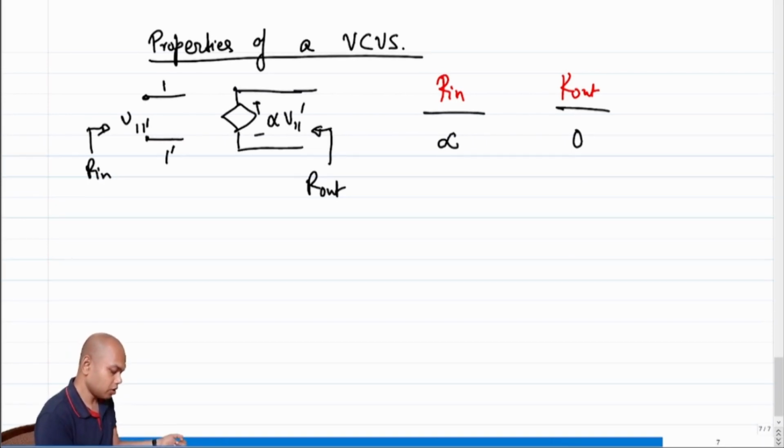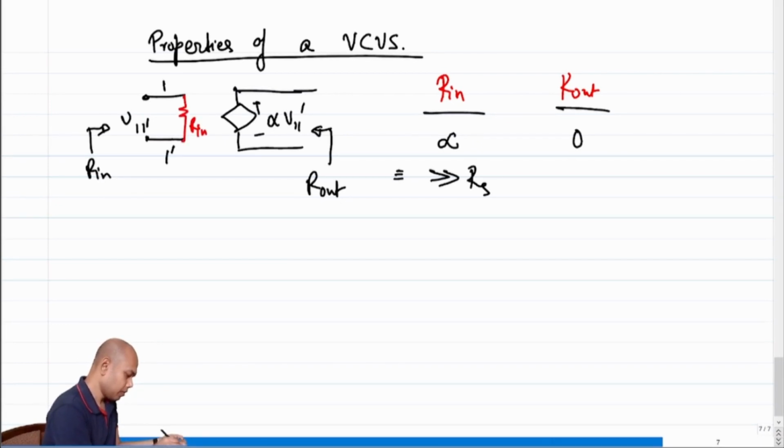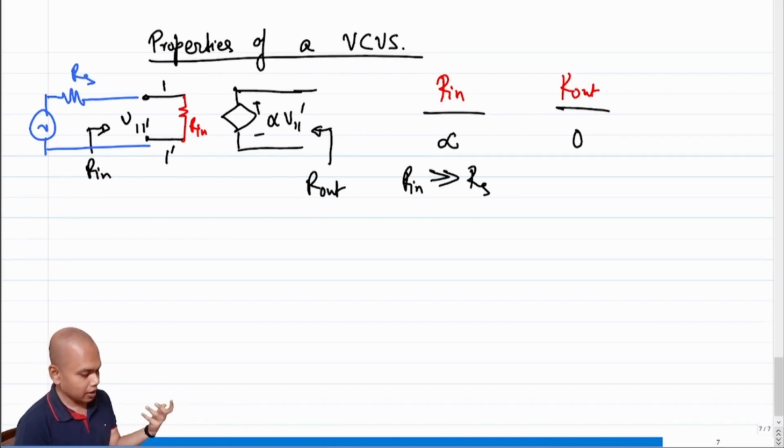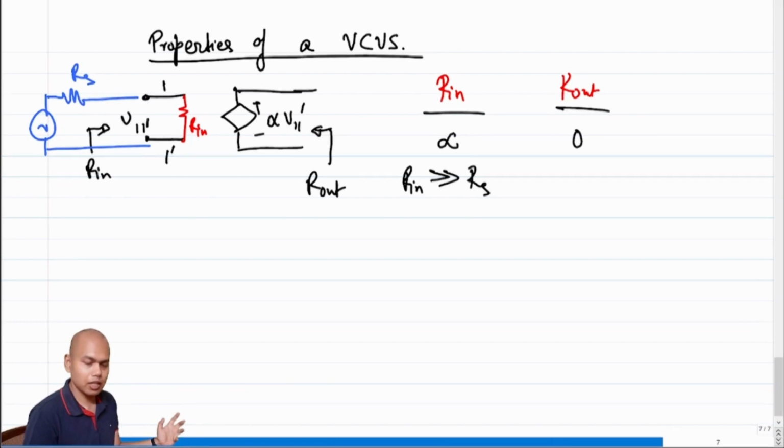In a voltage controlled voltage source, R in being infinity is equivalent to saying that R in has to be much greater than Rs, where, if this is R in and you have Rs associated with an input, this R in has to be much greater than Rs, so that R in does not load the source that is driving it.